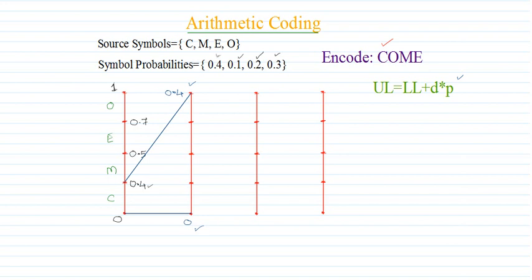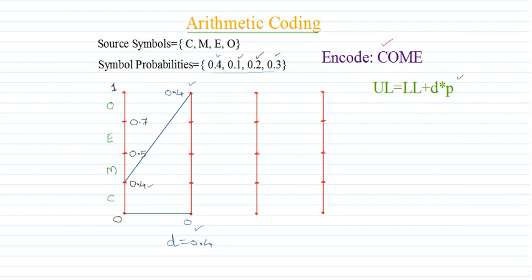We have the probabilities listed here. Now let us compute these values. The lower limit is 0 and the upper limit is 0.4 here, so the difference for this line is 0.4 minus 0, which is 0.4 itself.